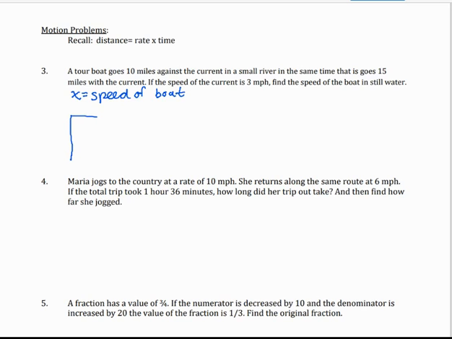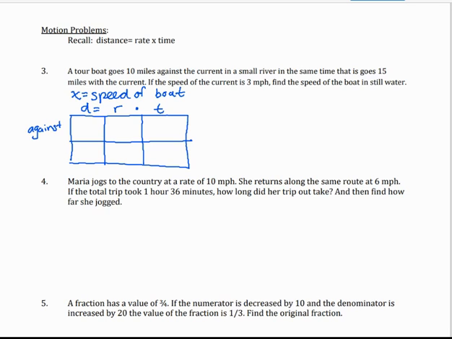We're going to set up our chart. We will have distance equals rate times time. And our two scenarios are us going against and with the current. And we'll start to fill things in.